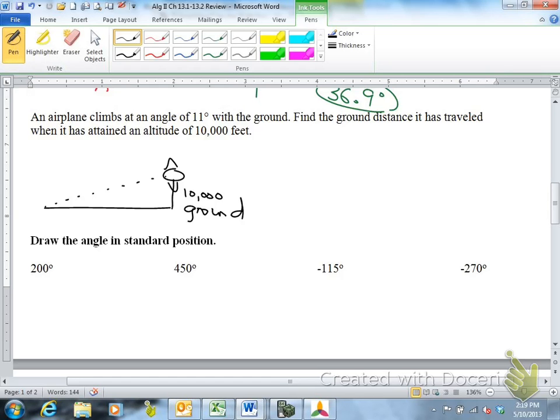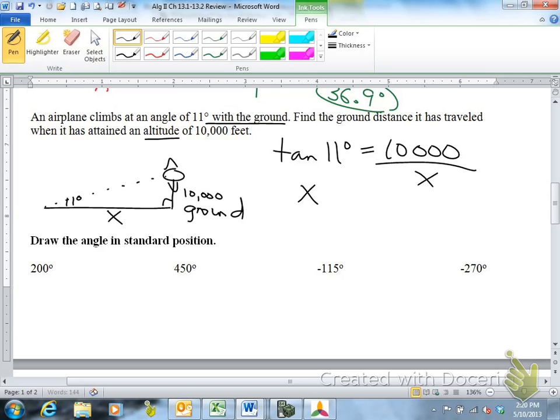Altitude is how high off of the ground it is. 11 degrees with the ground, that would be this angle in here is 11 degrees. And the altitude is perpendicular. So we're looking for the ground distance, x. So we could do tangent of 11 degrees is 10,000 divided by x. We saw one earlier like this. You could switch the x and the tangent.